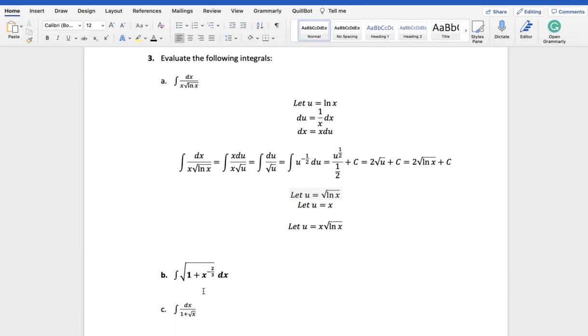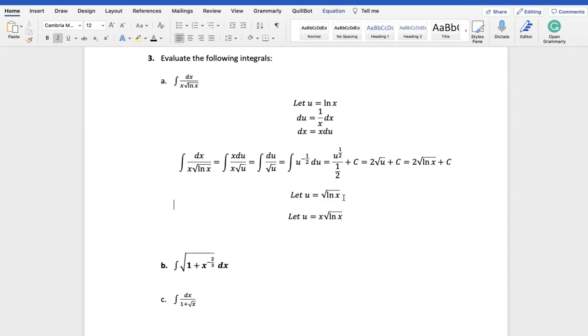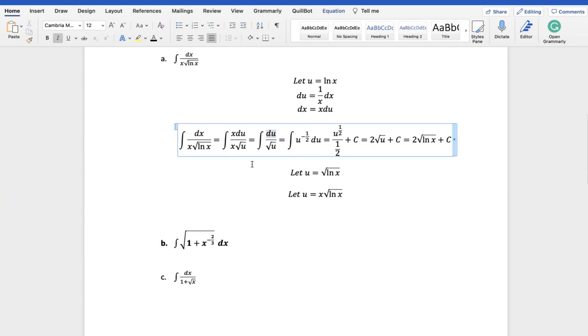So what I would suggest is try using this substitution and this one as well and see how long it takes you to solve the problem. If it takes you way longer than what we did for the first U substitution, then you know you can't use that method in a test or an exam because it takes way, way too long. So any questions there?